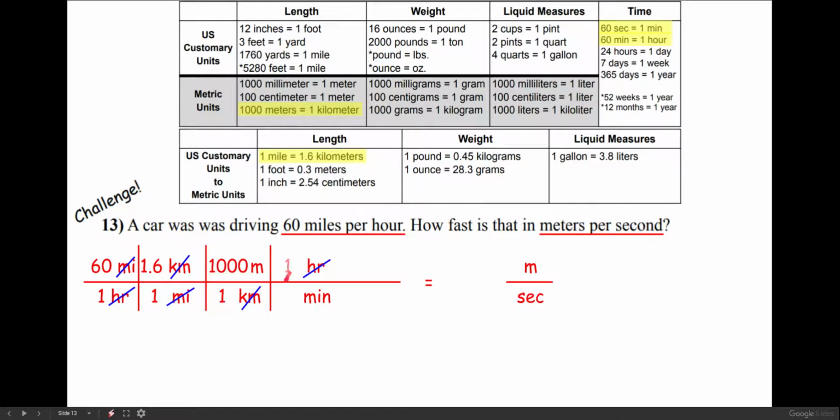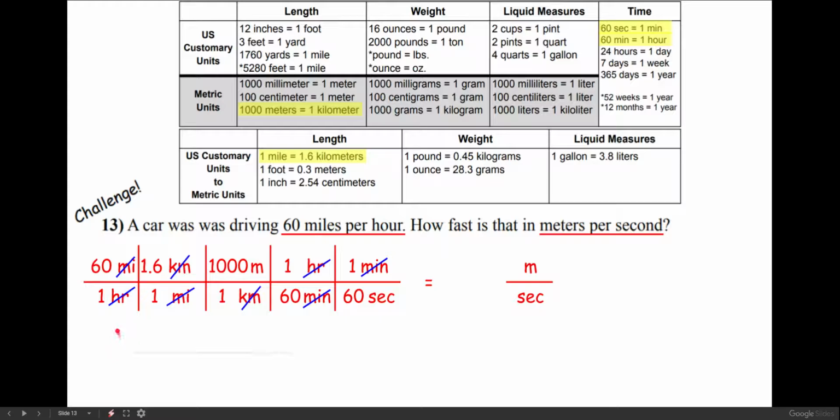Write the conversion: 1 hour is 60 minutes. We don't need minutes, we need seconds, so we add another level. Minutes on top so that we can cross it off, and then seconds on the bottom. Cross off the minutes, and we're left with 1 minute is 60 seconds. That's the conversion. Now we have meters on top and seconds on the bottom, which is exactly what we wanted.